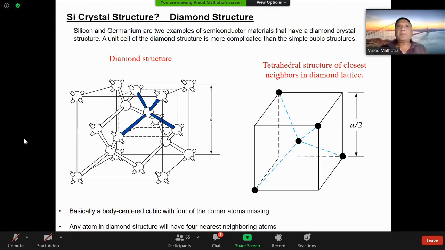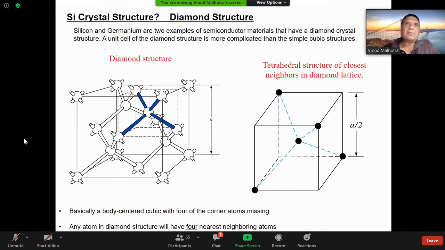So this is where, let me spend some time because this is actually silicon. So remember what is diamond? Diamond, of course, is made out of carbon atoms, and carbon comes from the same column of the periodic table as silicon and germanium. So properties you would expect to be similar.